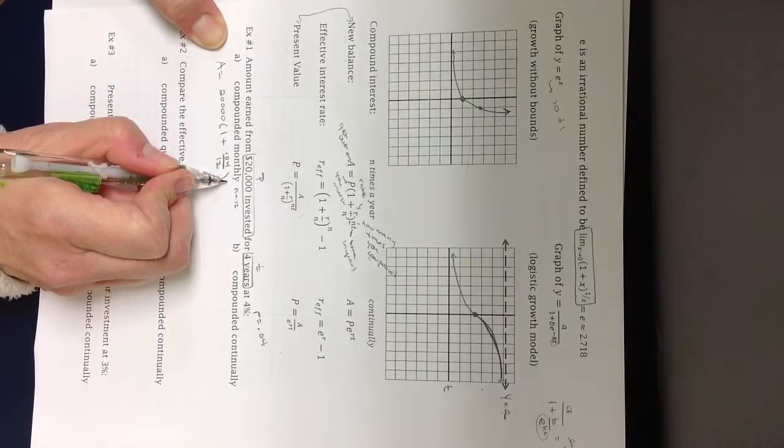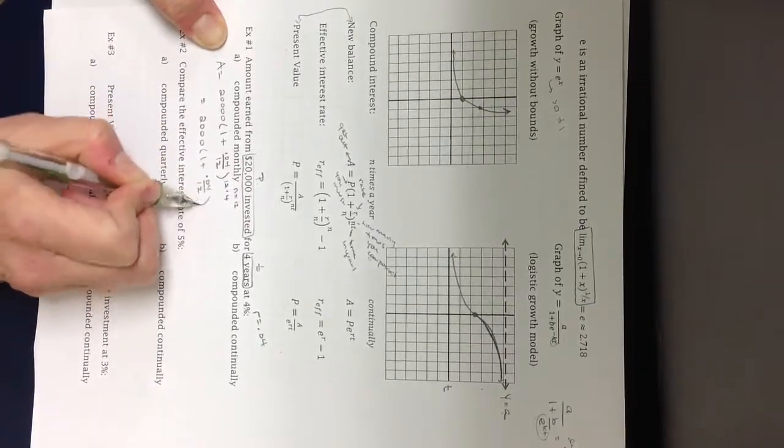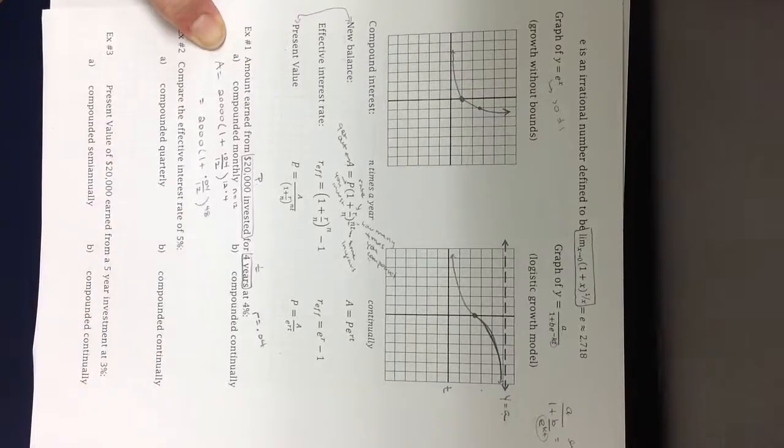And then your exponent becomes that N times the number of years that you're going to invest, which is 4. I don't have my calculator with me, but if you check the answers on Angel, you can make sure that you're plugging it into your calculator correctly and coming up with the right answer.